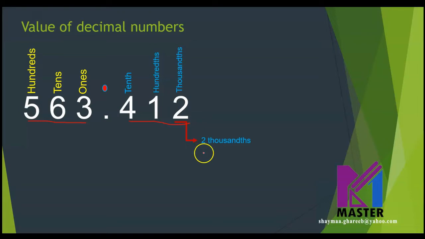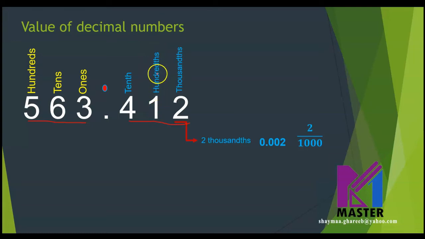I can write it like this, 2 thousandths, or 0.002, which is 2 thousandths as well, or I can write it in the fraction form as 2 over 1000. Is this clear? So I have 3 different forms to write the value of a digit. I can write it in words, or as a decimal, or as a fraction. Is this clear? Now let's do the hundredths place.